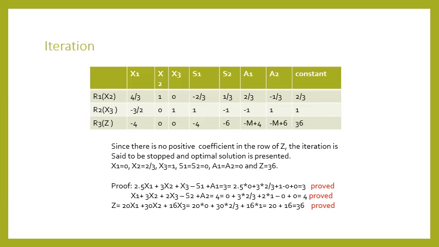There is no x1, that means 2.5 times 0 plus 3 times 2 over 3 plus 1 minus 0 plus 0 equal 3.